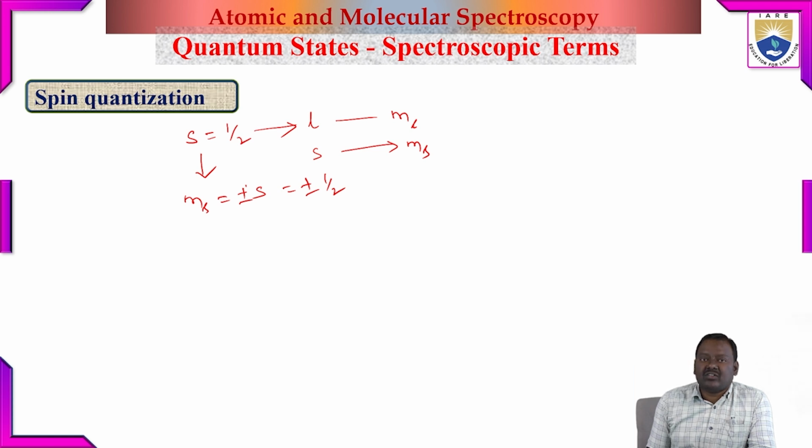For a single electron atom, the electron can have two spin magnetic quantum numbers, plus 1 by 2 or minus 1 by 2.